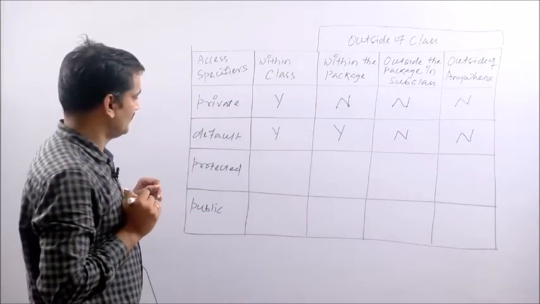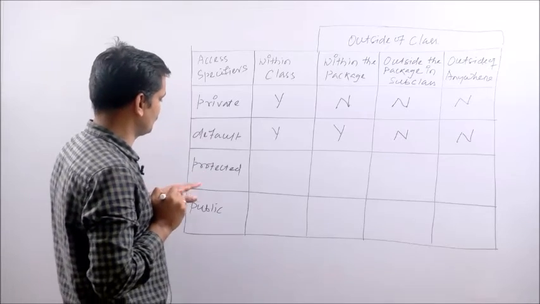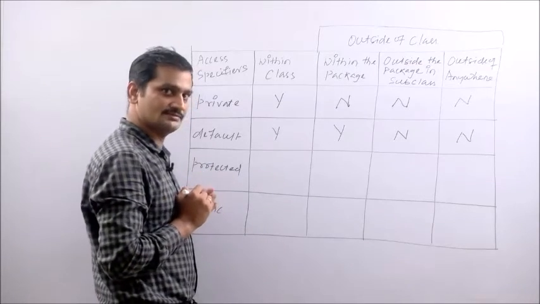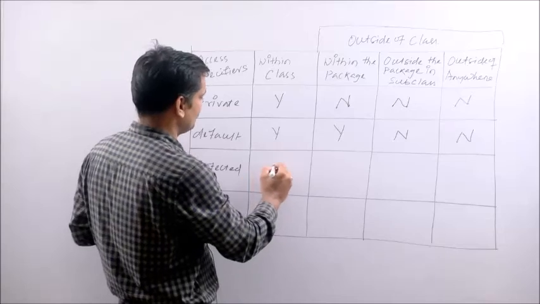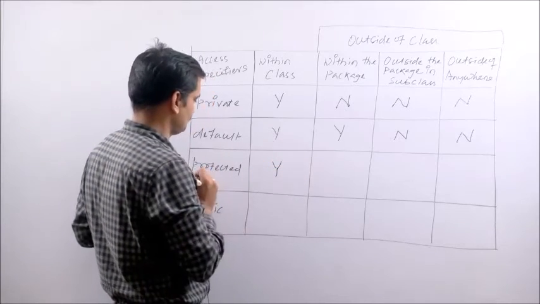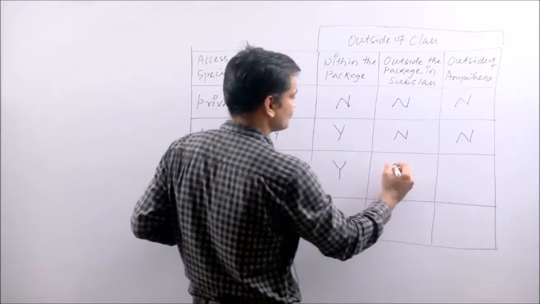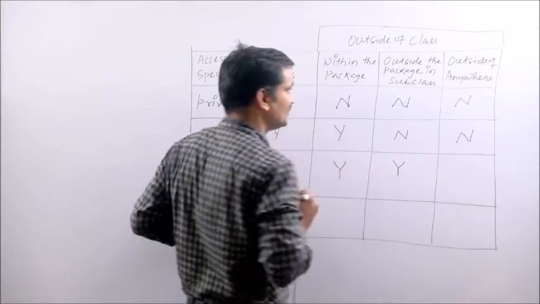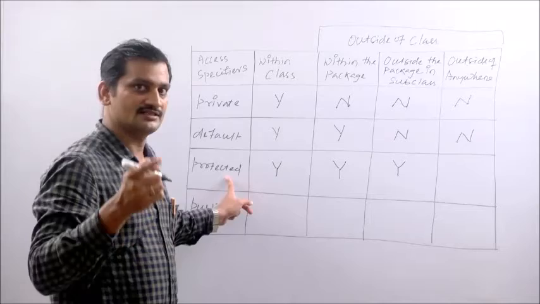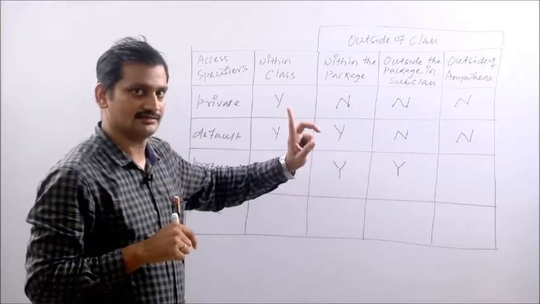And if a member is defined with the protected access specifier, then it can be accessed within the class, obviously within the package, and outside of the package but within a subclass, a derived class.